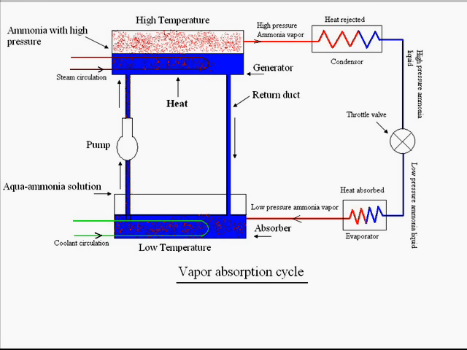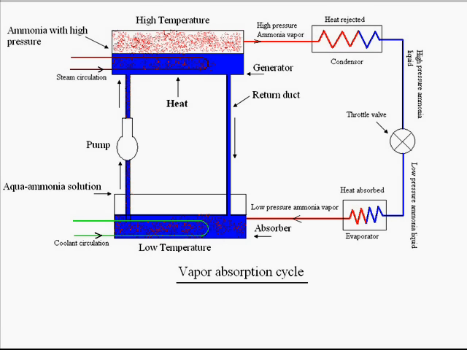Thus, what we see is that in the vapor absorption cycle we are replacing the compressor by a generator and absorber system. The absorber contains aqua ammonia solution. The temperature of the absorber is maintained cool with the help of circulating cold water via a heat exchanger. Similarly, the temperature of the generator is maintained hot with the help of circulating steam or hot oil via a heat exchanger.